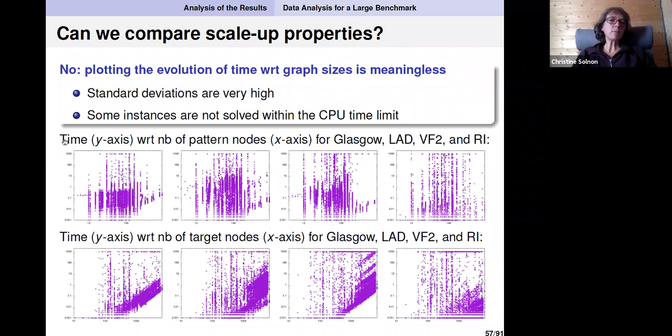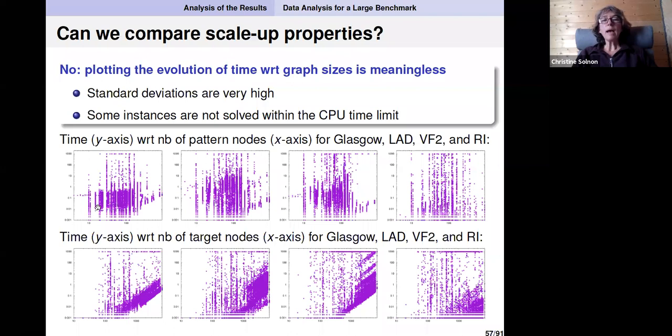On the y-axis, I have the time limit, and on the x-axis, I have the number of nodes in the pattern graph. And I can see that for very small values, for example, here it is 20 nodes, some instances are very quickly solved, and some instances are not solved within the time limit.